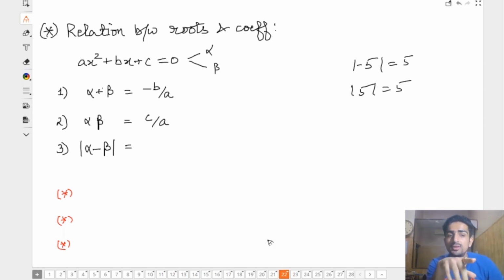Anubhuti, no, it is not the magnitude of alpha plus beta. It is the magnitude of alpha minus beta. That's what I'm telling you. Difference of roots. Shreya, that seems to be correct, but just a minute. Let me just see. Shreya, check your signs. The rest seems to be correct.